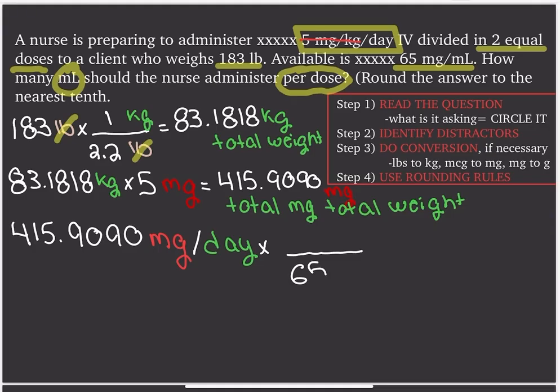So that's 65 milligrams for every 1 milliliter. So you put your 65 on the bottom and your 1 milliliter up top, and make sure your units cancel out. The unit that you desire will be up top. So that gives you 6.398 milliliters per day.